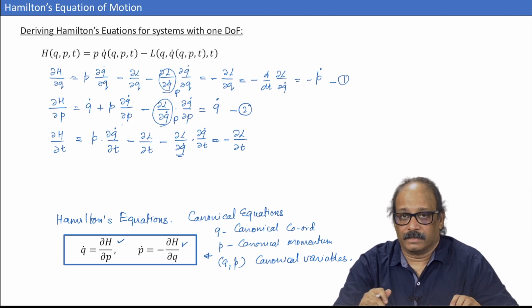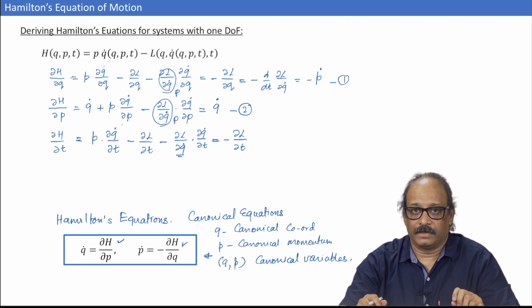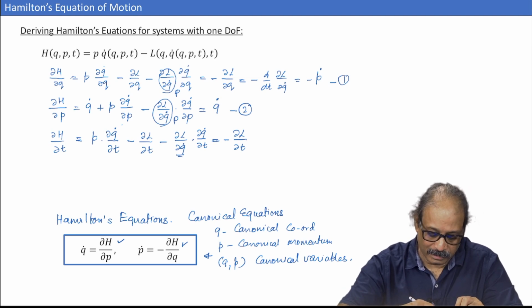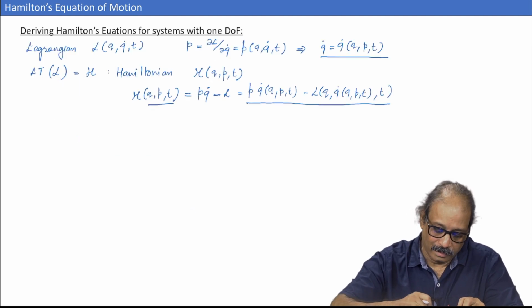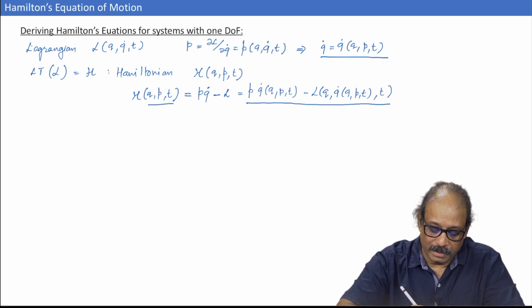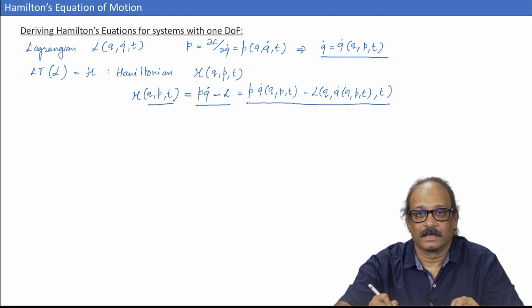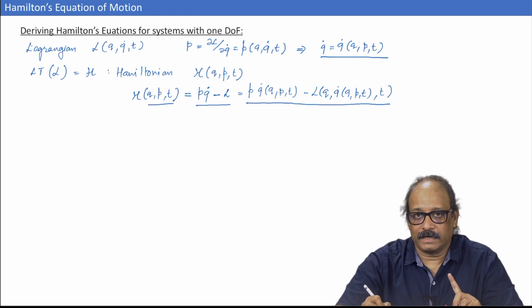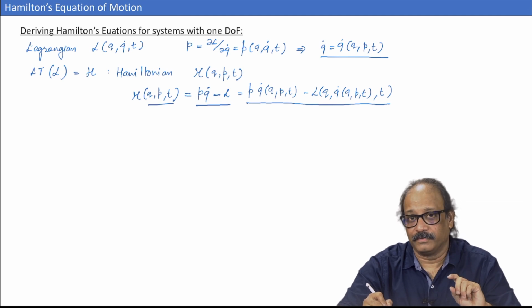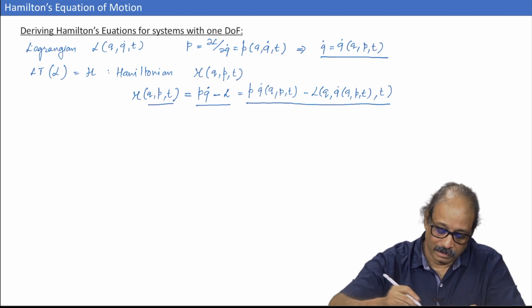Okay. Fine. Now, one more comment that I would like to make. Remember this Hamiltonian, when we took the Legendre transform, the Hamiltonian here, which is p q dot minus L, does not it look exactly like the energy function which I had discussed in our second week?